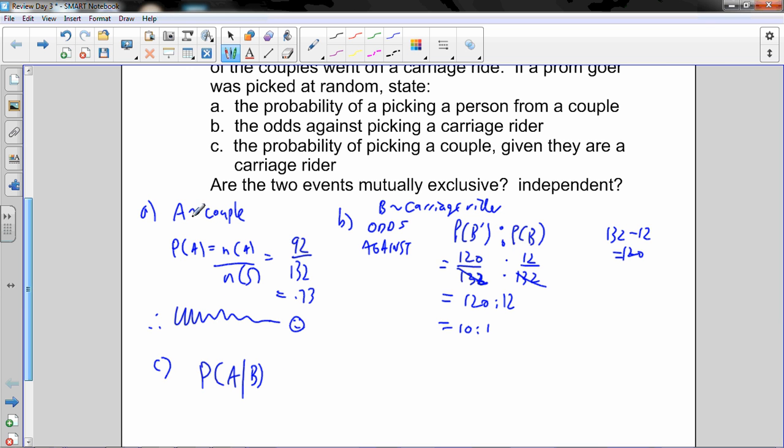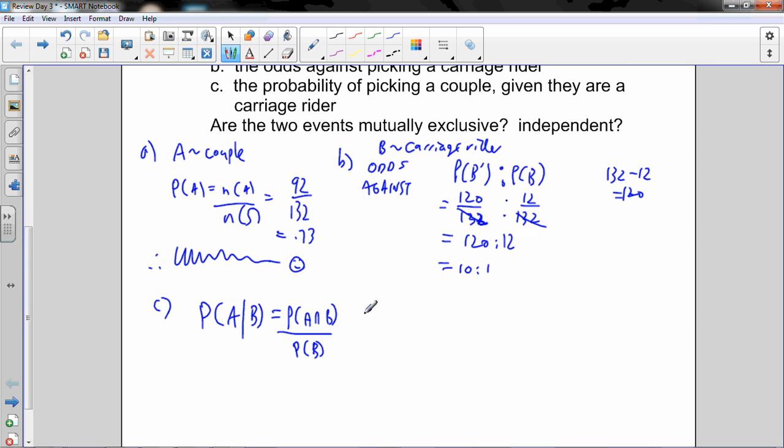And so I'm using the same events I defined in A and B. And that formula, this is conditional probability, is the probability of both things happening over the probability of the second thing happening. Again, check it on your formula sheet, folks. Get used to using that formula sheet. Here, these things are things that are in the question.